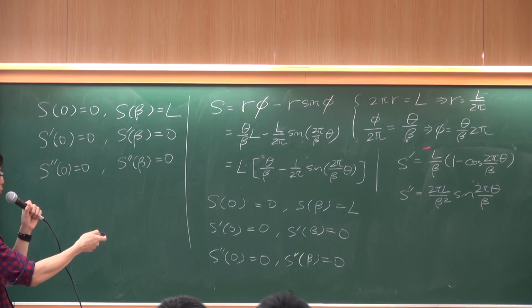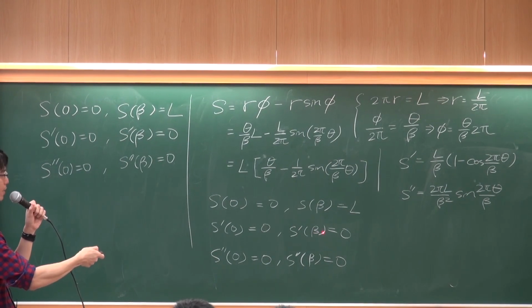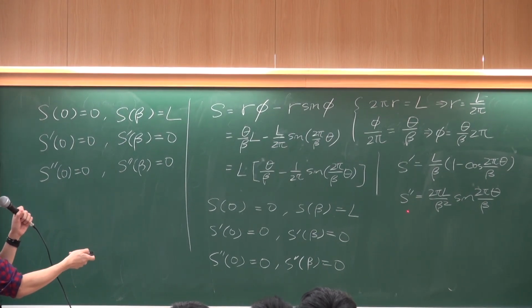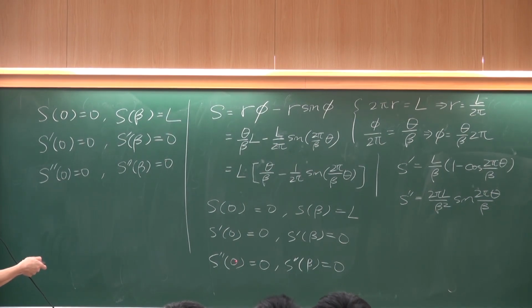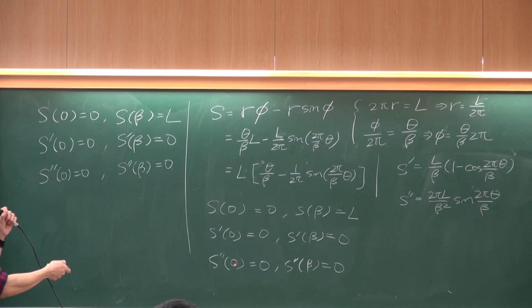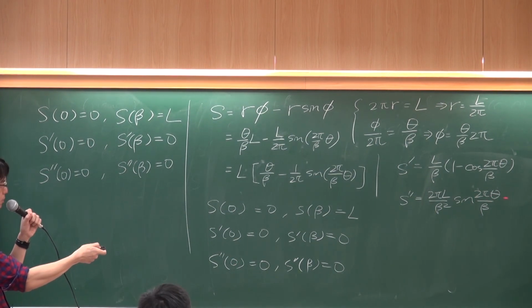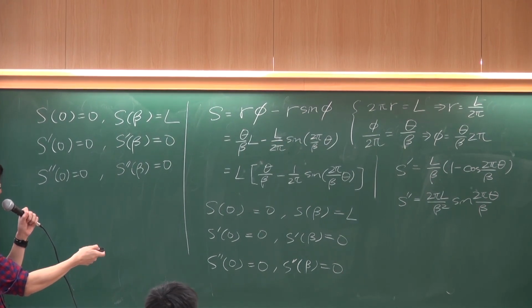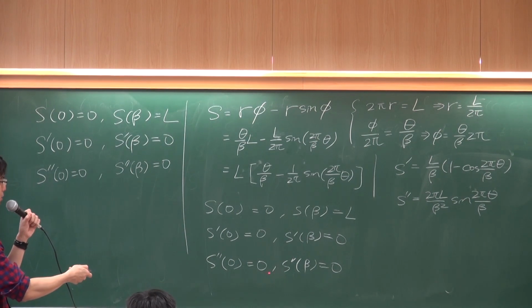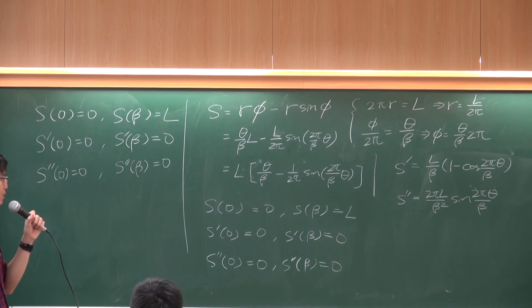So 1 minus 1, you still get S prime of beta equals 0. The last one, the acceleration: you substitute theta equals 0, sine 0 is 0. So you get S double prime of 0 is 0. Another one, you substitute theta with beta, you also get sine 2 pi. Sine 2 pi is 0, so you also get 0.